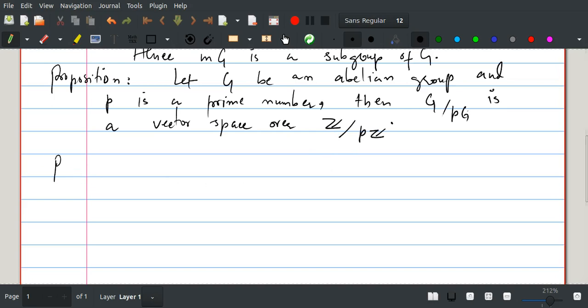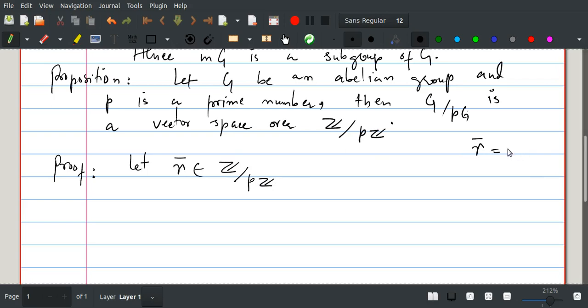Let us prove this. Let R bar belong to Z mod PZ. R bar means it is actually the coset R plus PZ by definition of Z mod PZ.